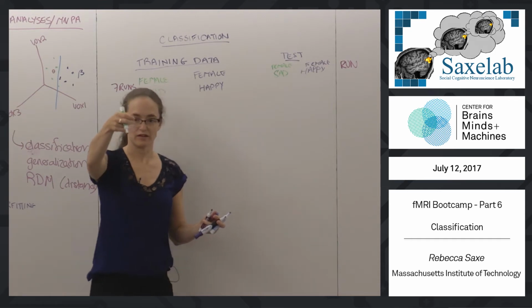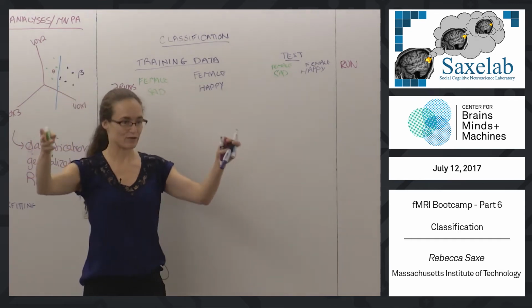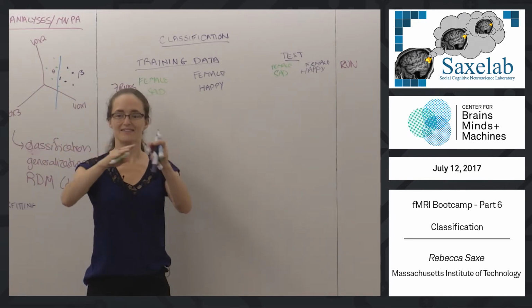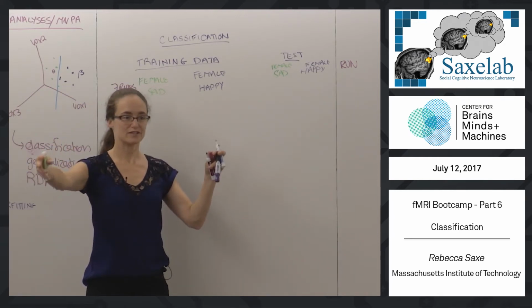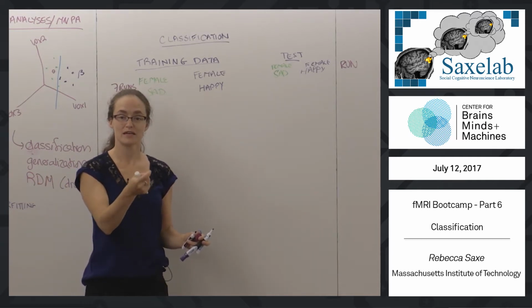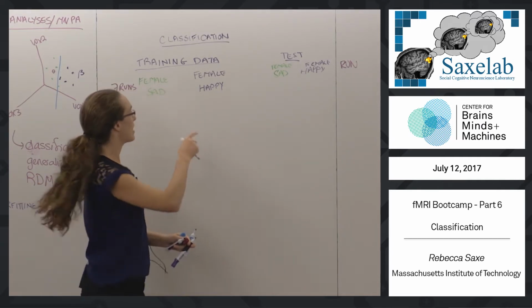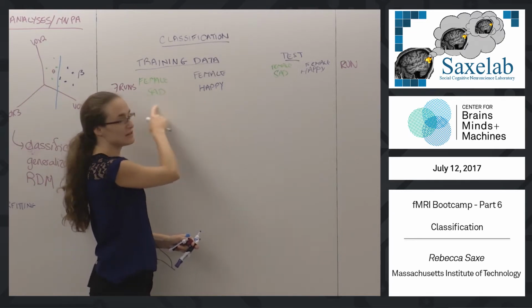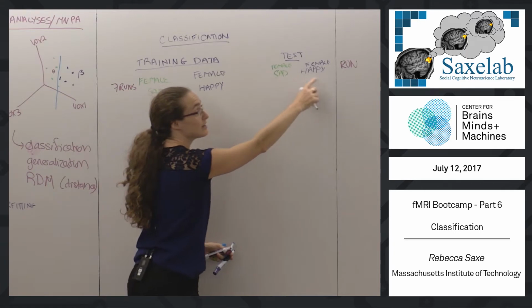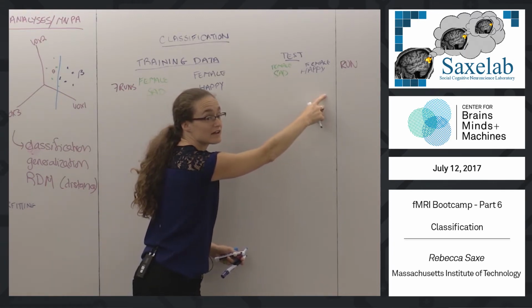So a new beta value taken in a different run of data, after we've stopped, taken a breath, started again, scanned for whatever it is, 5 minutes. You see a bunch more faces. We take the beta values in that new run, and we ask whether the predicted classification from the training data is accurate in this binary task in the test data.